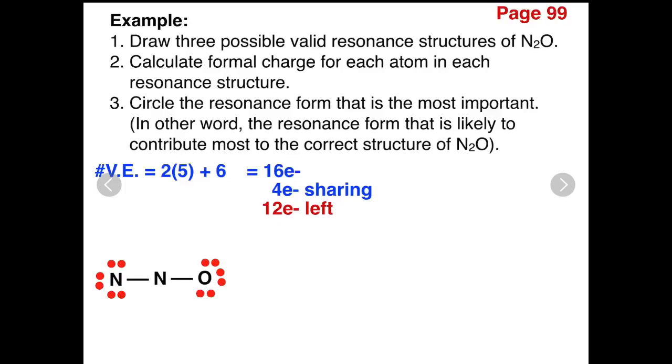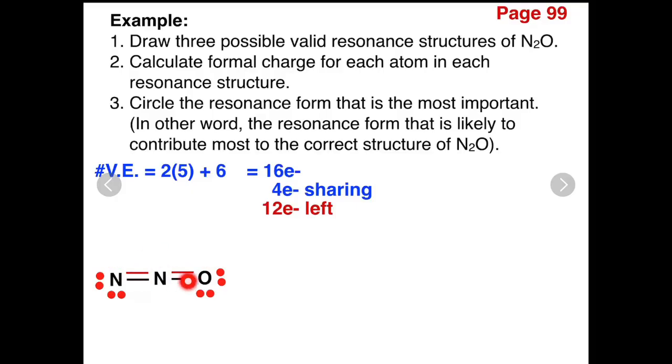If you do that, you will see that this structure is not valid yet, because this nitrogen is lacking an octet. In order to give this nitrogen an octet, you need to start turning these lone pairs into a double bond, or sometimes it might be a triple bond. So I'm going to move these two and make the double bond between those elements.